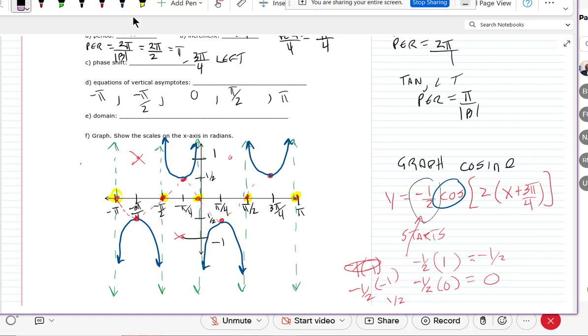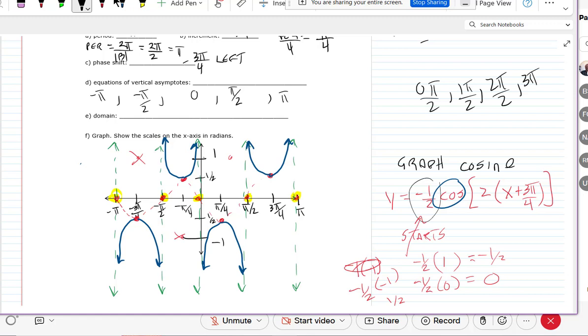If you go through and count these things out, that kind of works like this. You really have 0 pi over 2, 1 pi over 2, and 2 pi over 2. So you would know the next thing would be 3 pi over 2. So what's happening is you always have a pi over 2 in your formula.